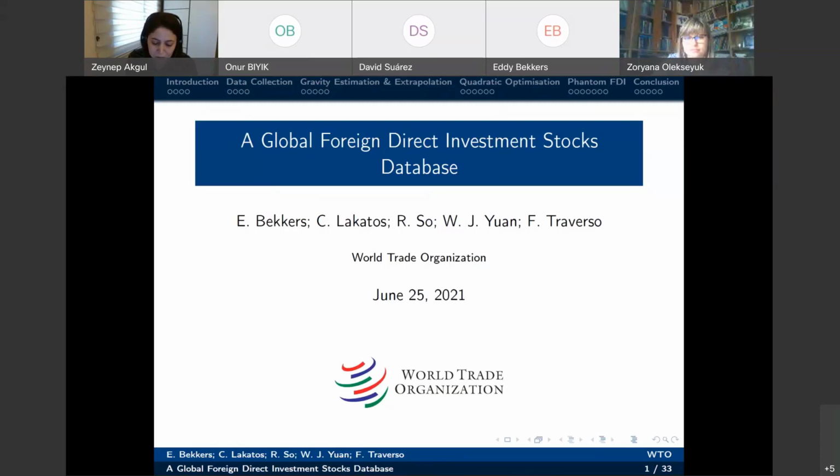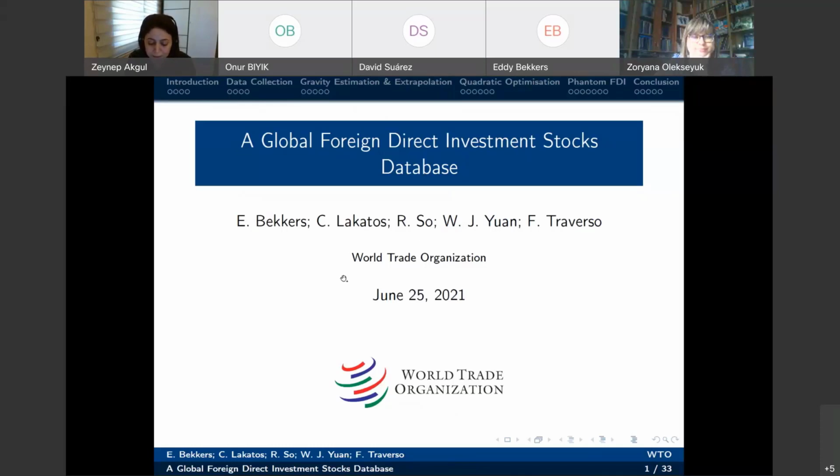So today we will first start with Roger So, and he's going to present a global foreign direct investment stocks database. He's from the World Trade Organization. And then our second presenter will be Steen Wettstein. He's also from the World Trade Organization. He's going to be talking about foreign affiliate sales data. Our third presenter will be Zoriana Alexeuk.